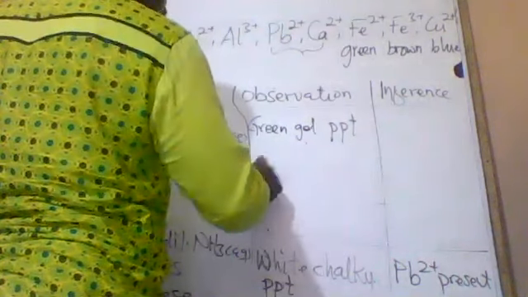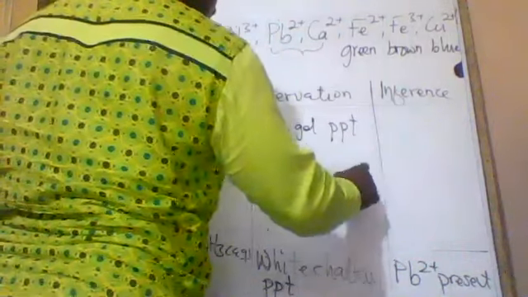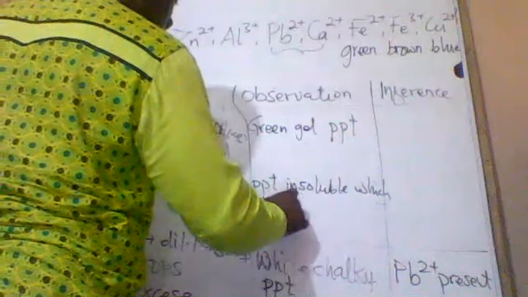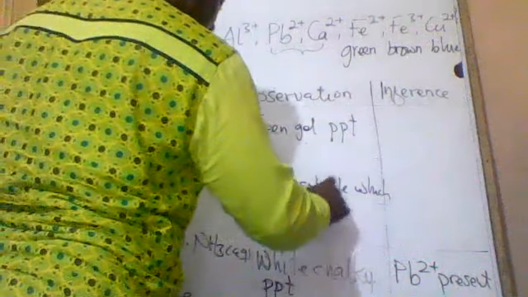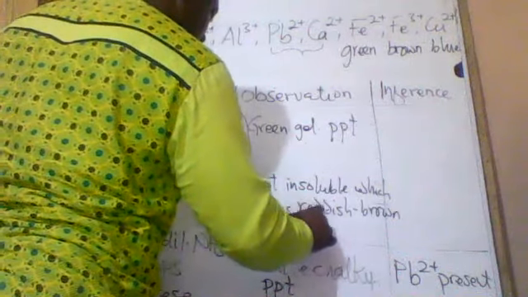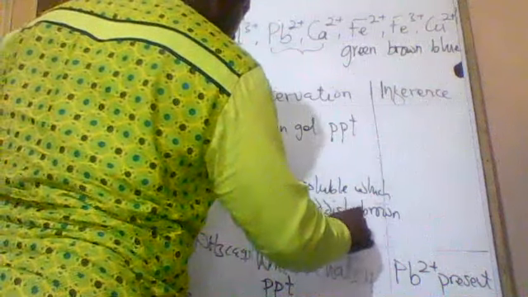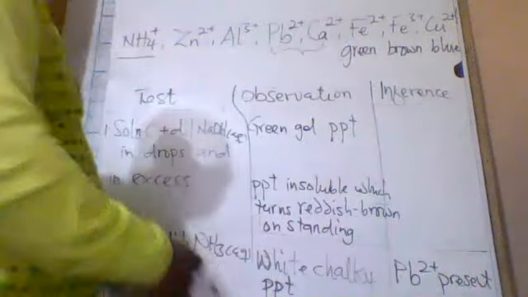Okay, so the PPT is insoluble in excess. Which turns reddish brown, let me qualify it, reddish brown on standing. And the inference is Fe2+. Nothing new.